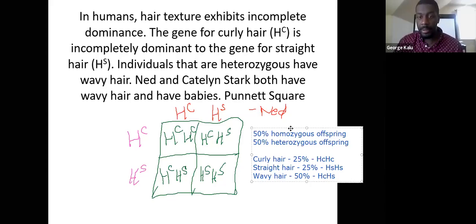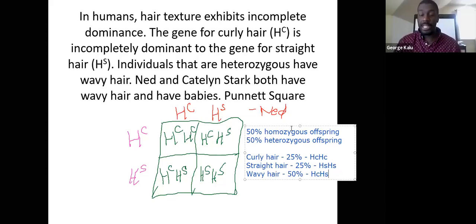So remember, individuals who have curly hair in this case are going to have 2 copies of the HC allele. If they have straight hair, they're going to have 2 copies of the HS allele. And because it's incomplete dominance, where you get a blend, to have wavy hair you're going to have a combination of both the HC and the HS allele.